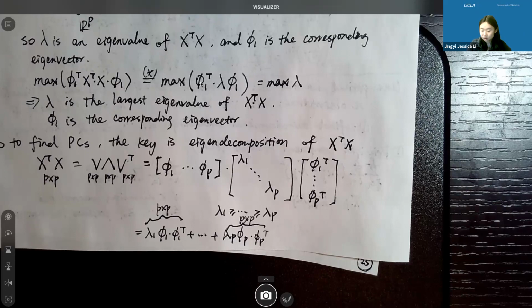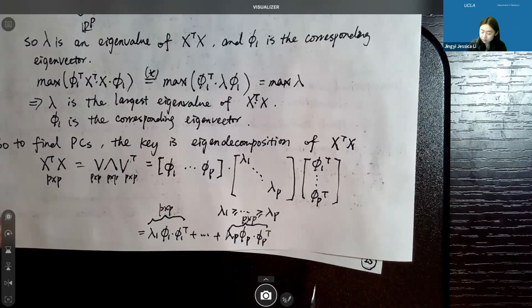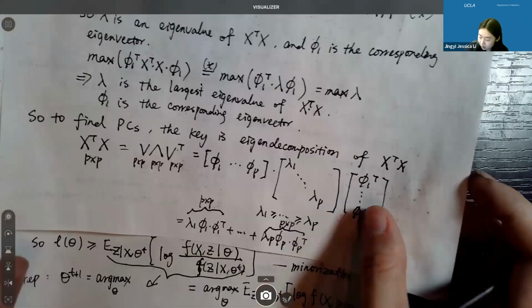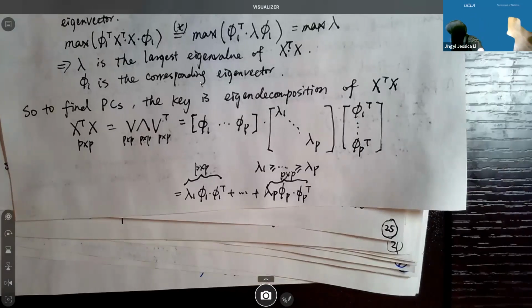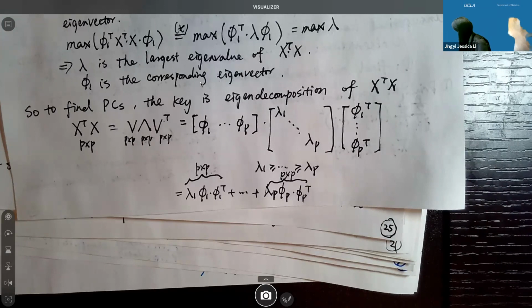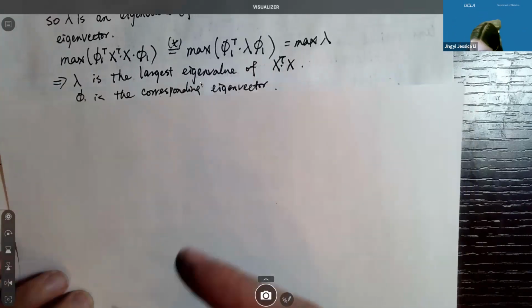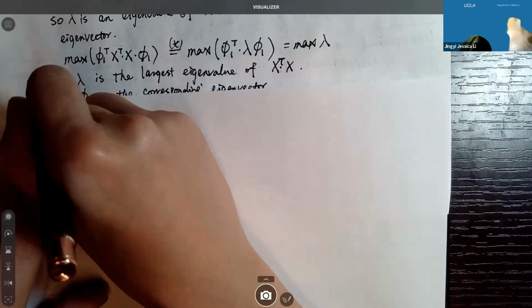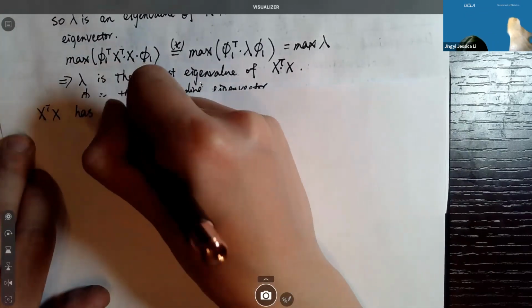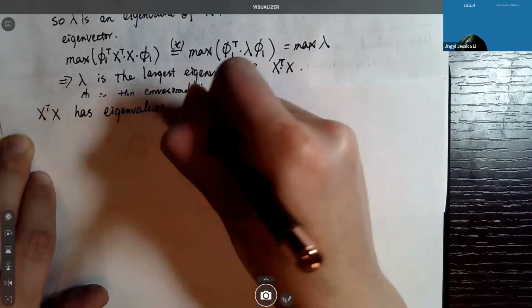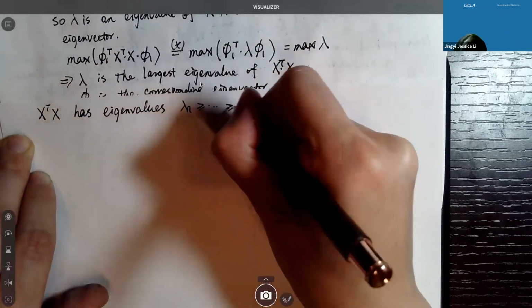Okay, so with those eigenvectors available, the PCs are just the projections. X transpose X has eigenvalues lambda 1 and so on.